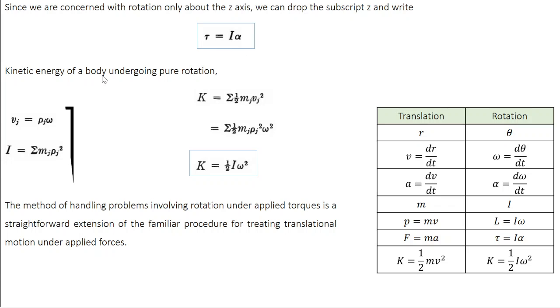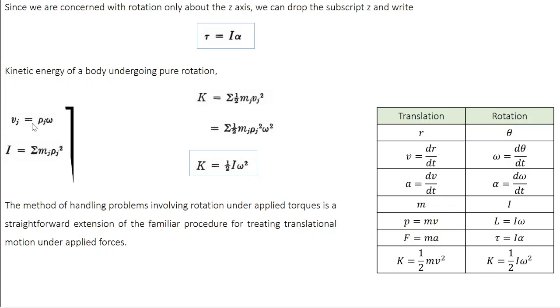So we can extend this to calculate the kinetic energy of a body undergoing pure rotation. If you imagine that the rigid body is made up of a number of particles, you can find the kinetic energy of each particle, take the summation of that, and you get the total kinetic energy. So I can write total kinetic energy K equals summation over j of half mj Vj squared. In the previous class we have seen that there is a relation between linear velocity and angular velocity.